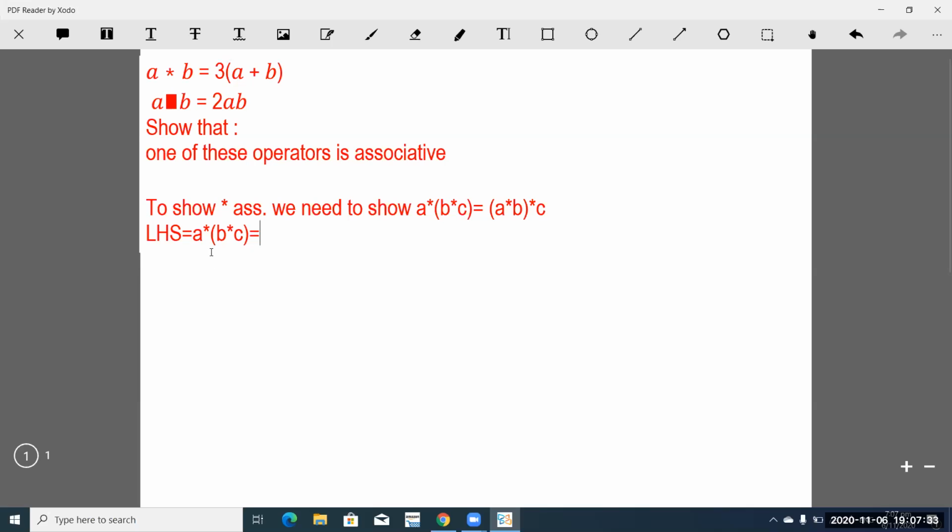Now, when we're working out A star, B star, C, you always start with the bracket. So what we're going to start with is put back our A star, but now we're just going to work out the bracket, B star C. Now what is B star C?